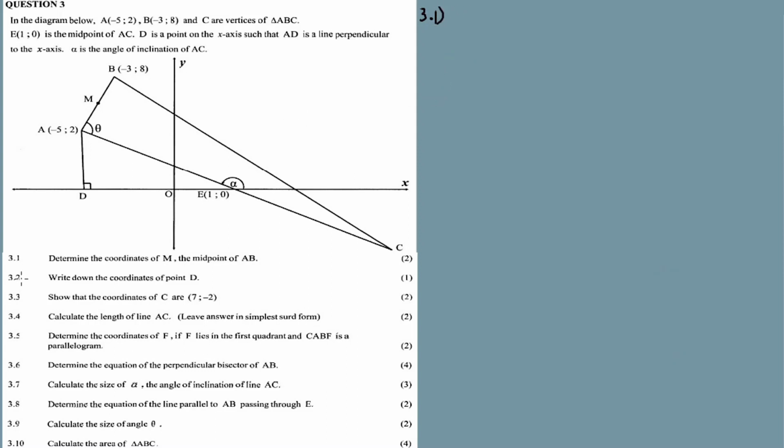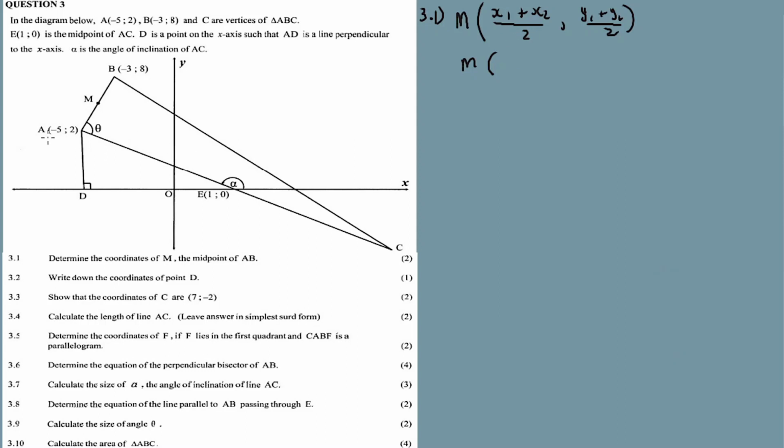Alright, 3.1. Determine the coordinates of M, the midpoint of AB. Alright, straightforward one. So we use y1 plus y2 over 2, and x2 plus x1 is still the same thing.